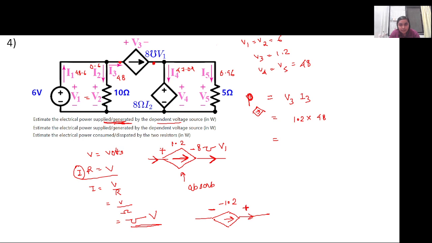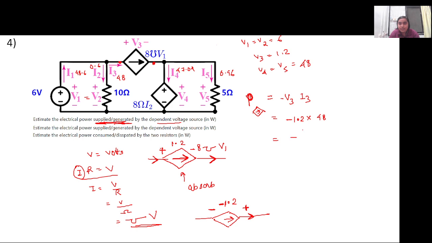Now the current is coming out of the positive terminal, which is basically now delivering power, but we had to use a negative sign, because if there is a plus 1.2 volt drop across this and we reverse the polarity of the terminal, it will be minus 1.2, right? So since we are asked the electrical power that is supplied or generated, we have to take minus V3 instead of V3.